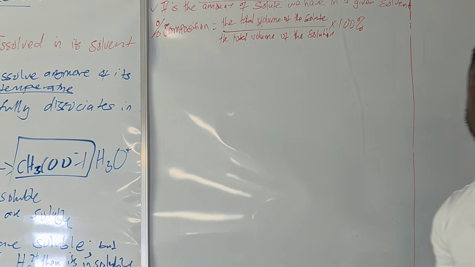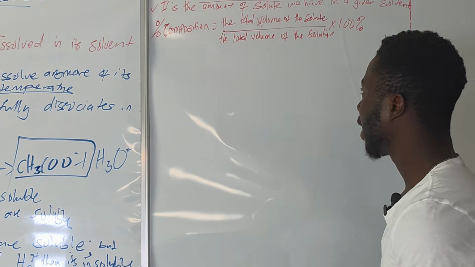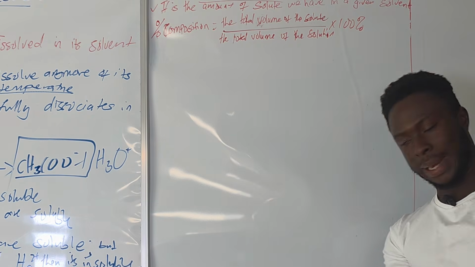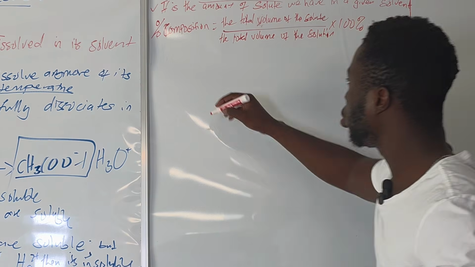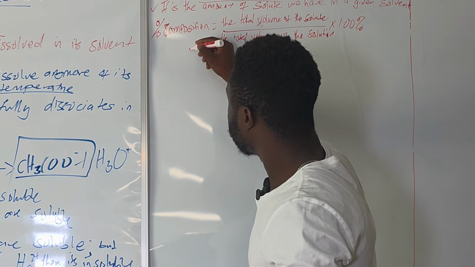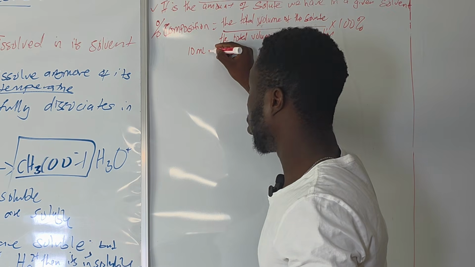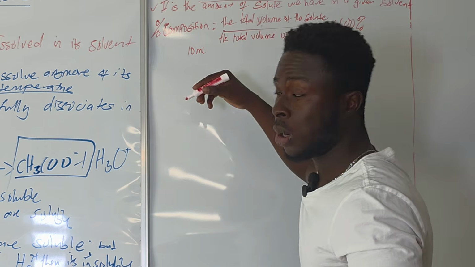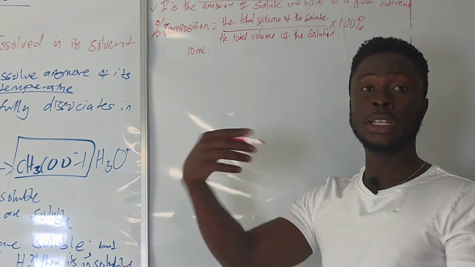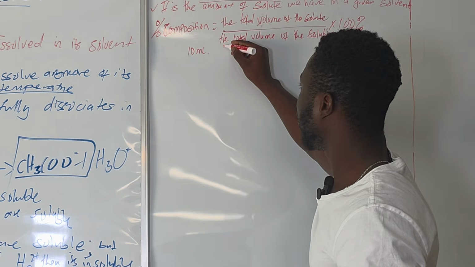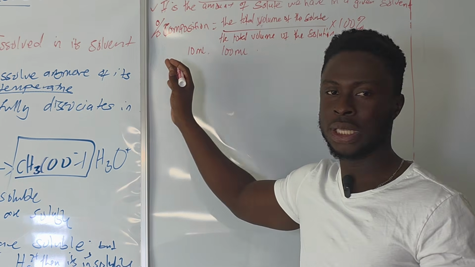So, for example, if a brewing company makes an alcoholic beverage, and in that beverage they put, say, 10 milliliters of pure ethanol or pure alcohol into the solution, and then for this 10 milliliters, they put it into 100 milliliters of whatever solvent they are using.